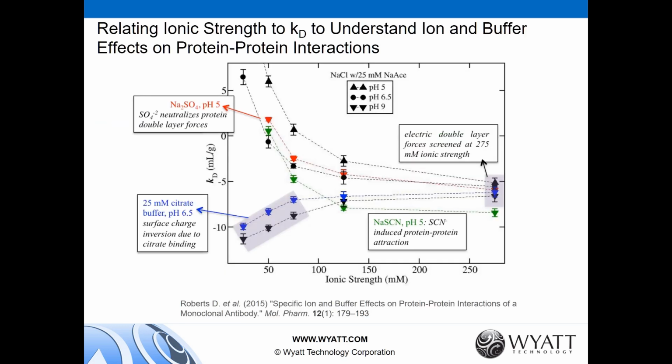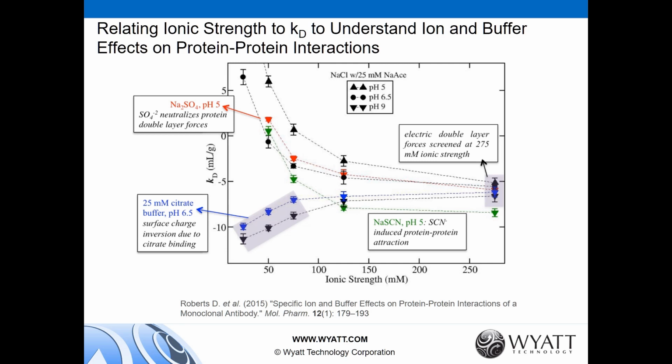And this is a result from another article published by Dorota Roberts and her colleagues back in 2015. And again, how can KD be utilized to understand the protein-protein interactions? So what they did was took a few different buffers, which had different ions. So the key counter ion here varied, and determining the change of the protein-protein interactions across a series of ionic strengths.